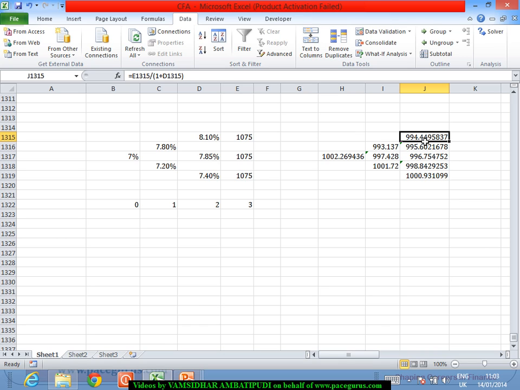Call option, only if the market price is higher than the exercise price, then only I am going to exercise the bond, which means in this case, when the interest rate was 8.1%, I will not exercise the call option.